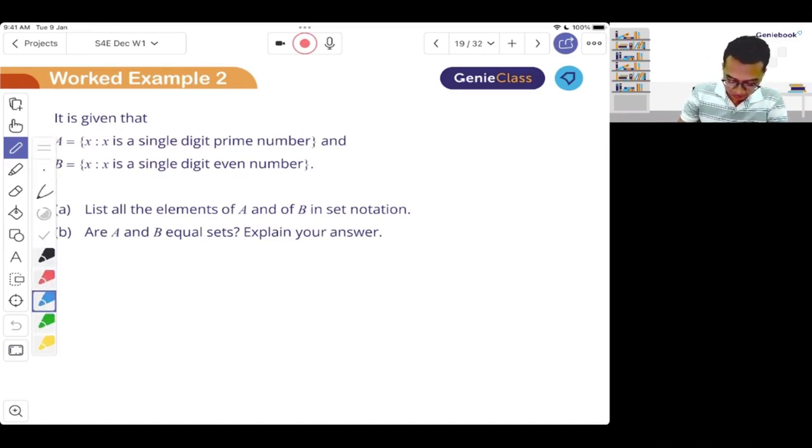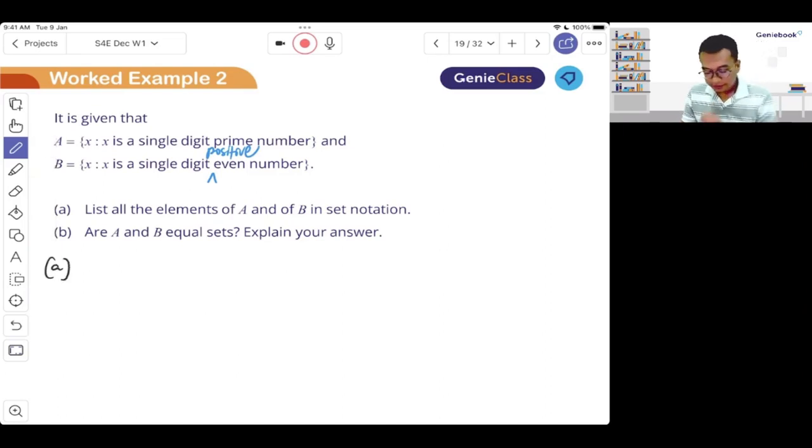Once again, I want to specify that this is positive. Apologies for that. Set B's elements are single digit, positive, even numbers. Now for part A, let's take a look. List all the elements of set A and set B in set notation.